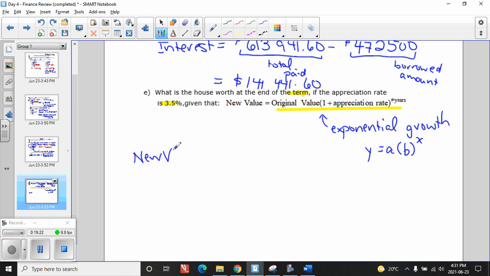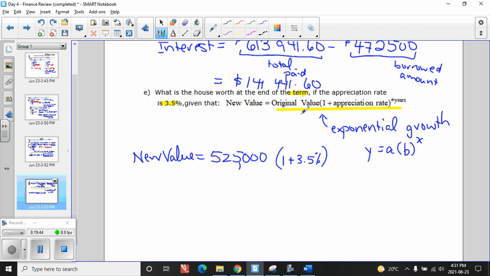New value equals the original value of the home, which was $525,000, times 1 plus the appreciation rate, so this is 1 plus 3.5%. And the exponent is the number of years.